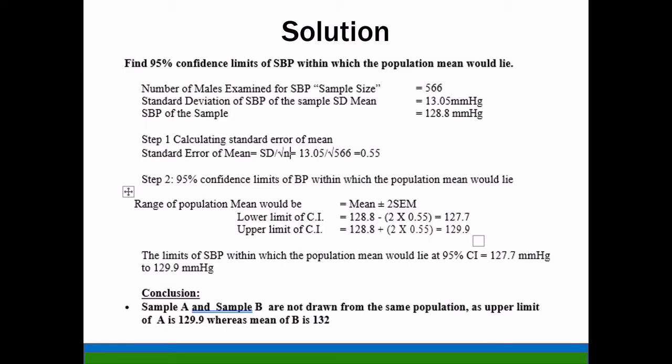The upper limit is 128.8 plus 2 into 0.55, which is the standard error of mean we calculated.